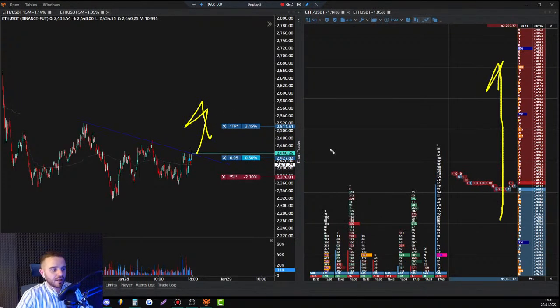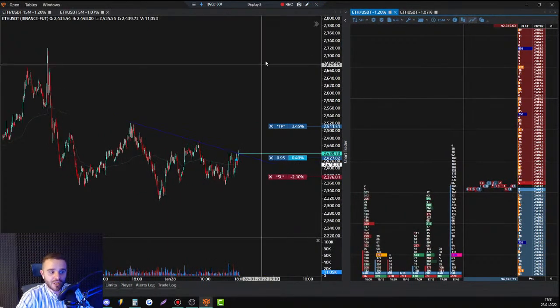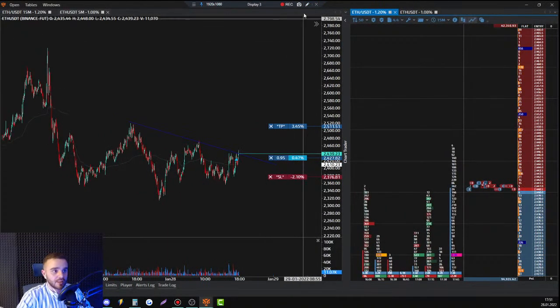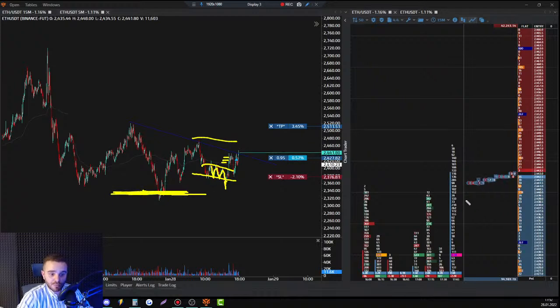Second part: they know that a lot of people, especially those who trade futures, took short trades today, imagine in this range. They know that those people have stop losses above this range, above this high, and the people that bought Ethereum here will absorb all sell orders and move price up until liquidations start.